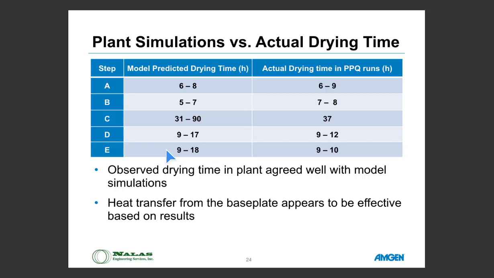So from the conservative approach, we did have large bracketing ranges, but based off the actual drying times and being consistently towards the low end of these ranges, I think we can conclude that we do get very effective heat transfer from that base plate, and we can include that surface area in any future simulations that we perform for the drying of these compounds.